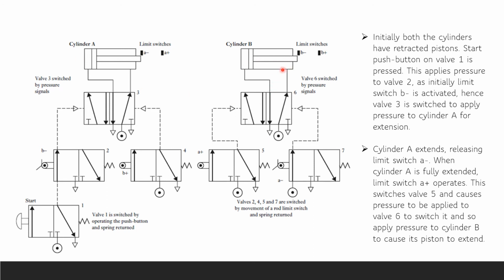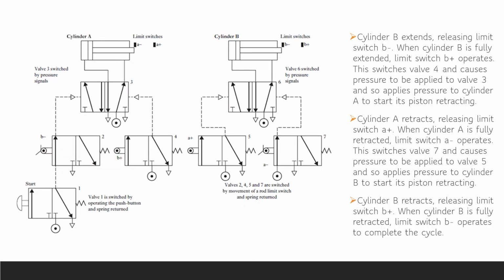Once the piston of cylinder B reaches the bottom dead center, the limit switch B plus becomes active and B minus is now inactive. So this completes the initial two steps of the sequence, that is A plus and B plus, which means that the cylinder A has to be extended and cylinder B has to be extended, which is now achieved.